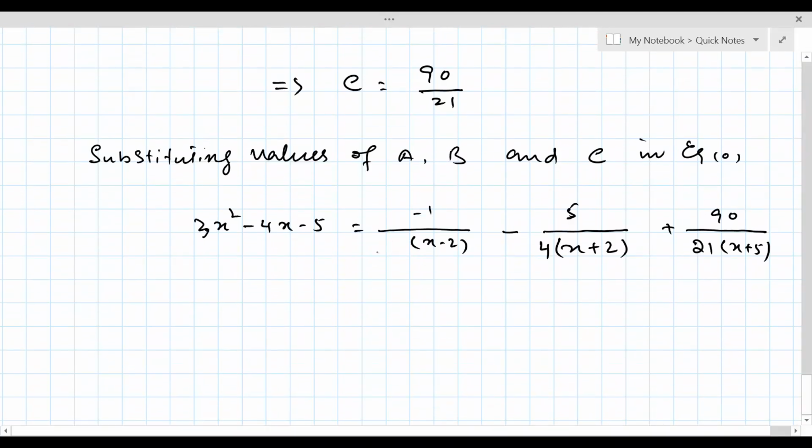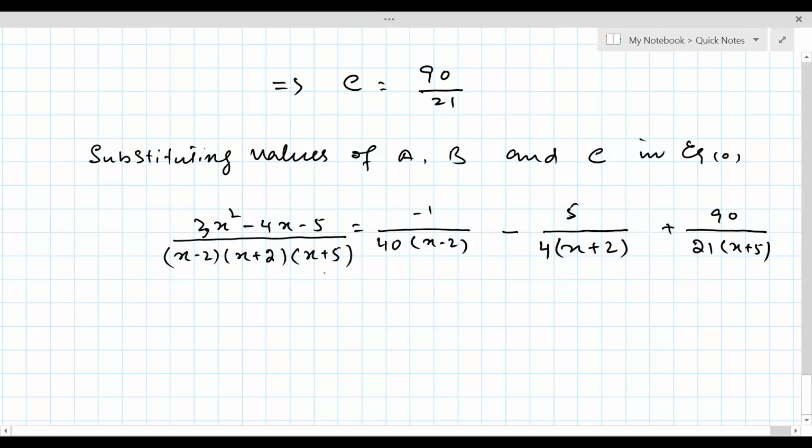And on the left hand side this is x minus 2 into x plus 2 into x plus 5.